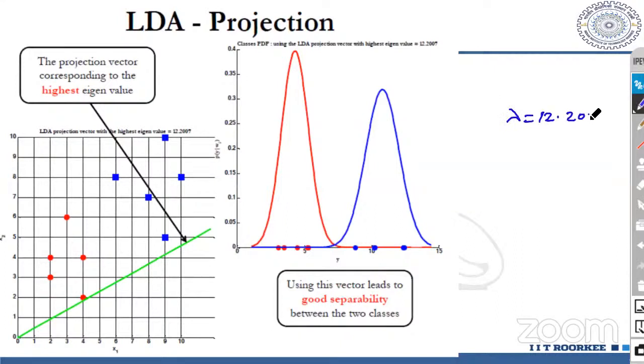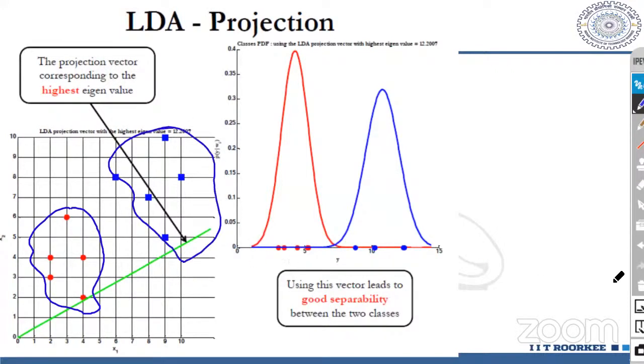That is the largest eigenvalue, right? So this green line is the corresponding eigenvector for the largest eigenvalue, lambda 12.2007. Now you have the data points, and you project all these points onto this line.